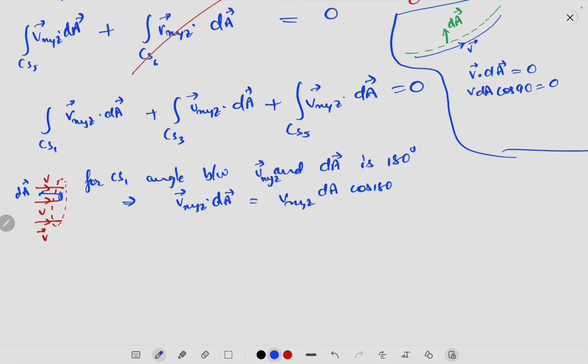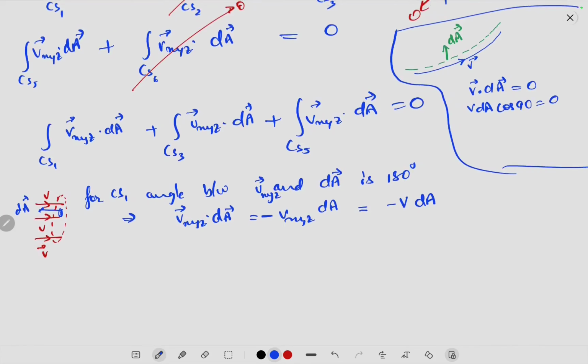What is cos 180? Cos 180 is minus 1, so we can write this like this. And given in the problem that this Vxyz is V1, this will become like this. So let's do similar analysis for CS3 also. This is for CS1.